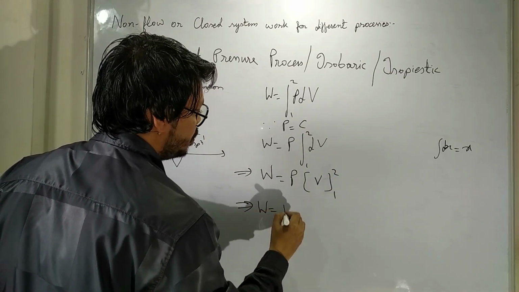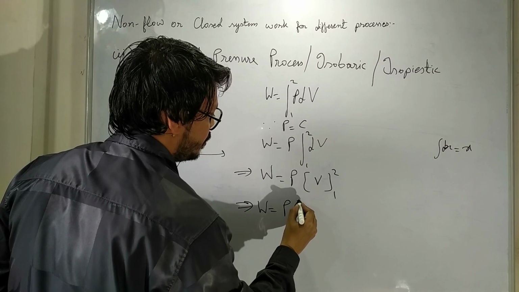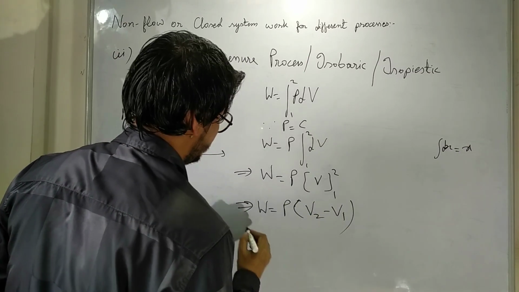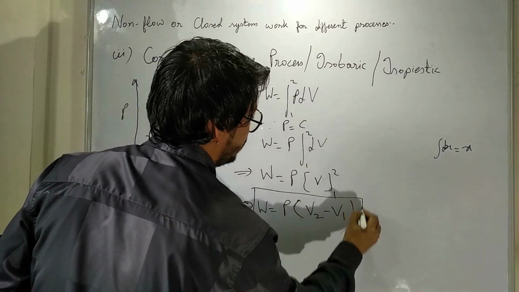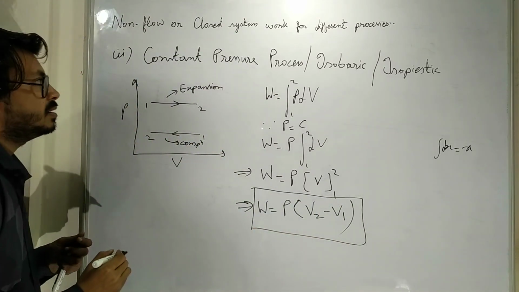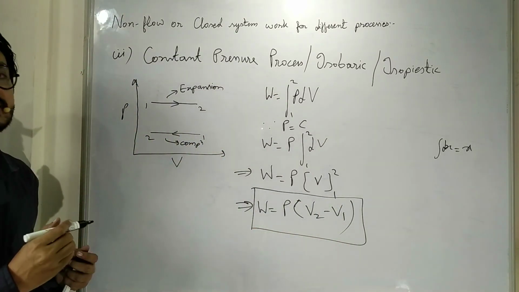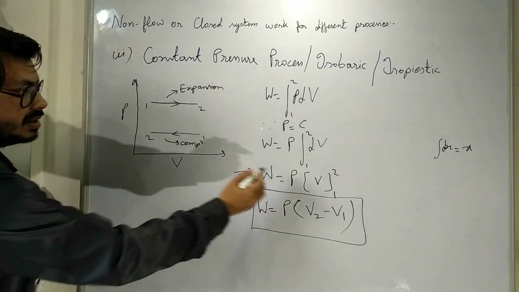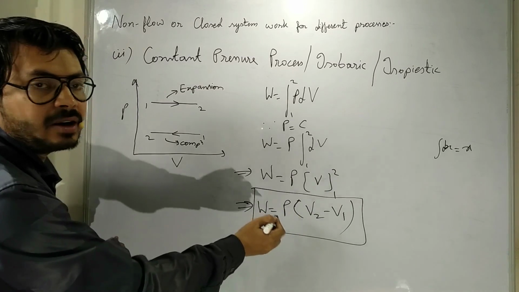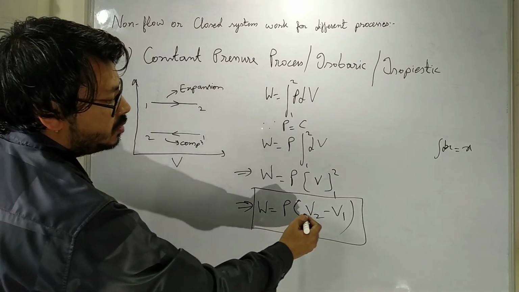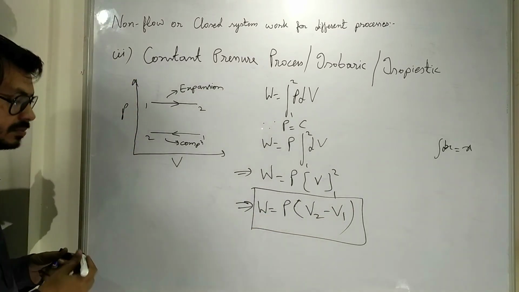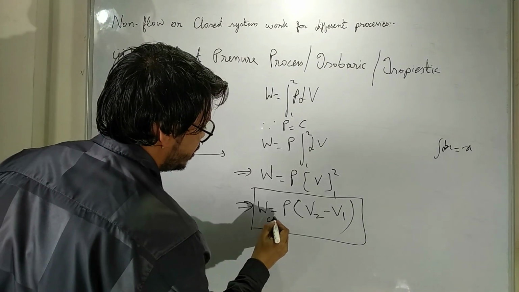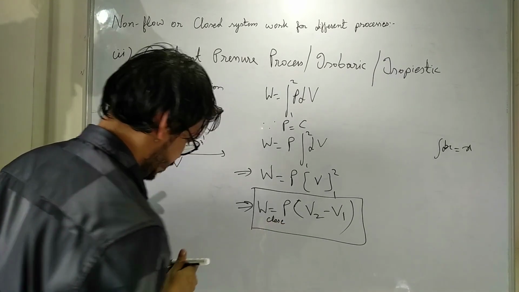So work done is equal to P into V2 minus V1. This is the formula for work done for constant pressure process. Since pressure is constant, it is out of the integration, and we have got W equal to P into V2 minus V1. This is work done for closed system.